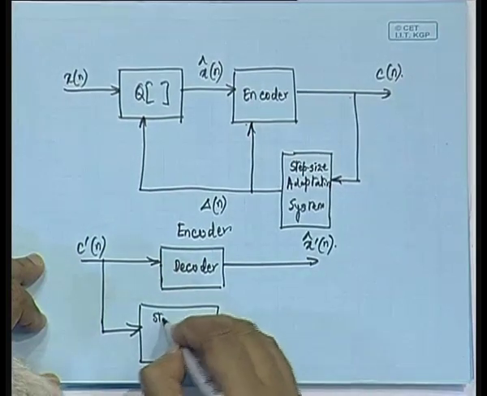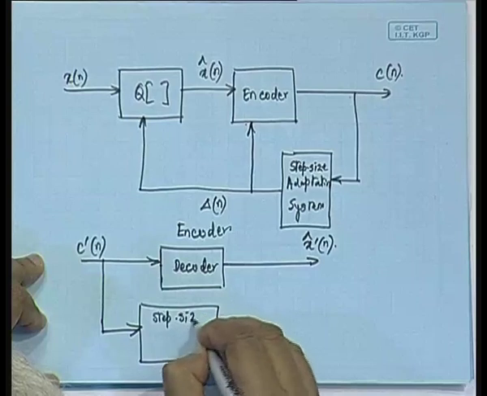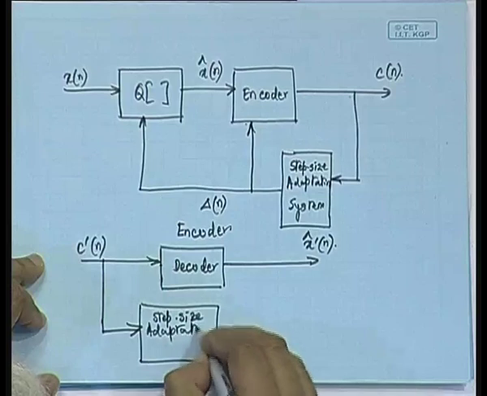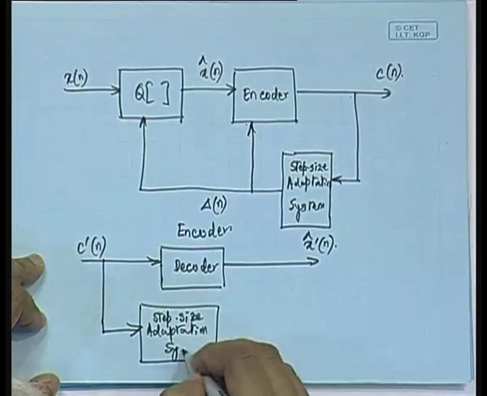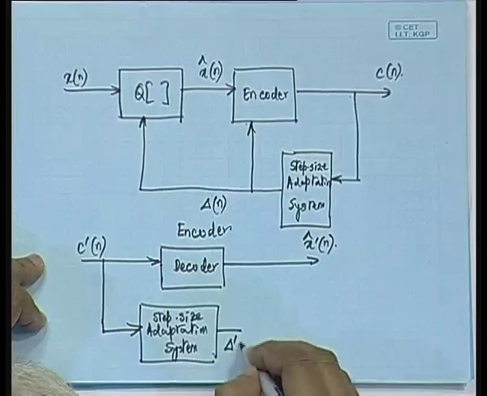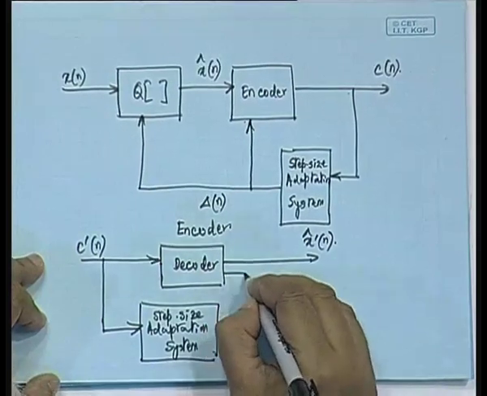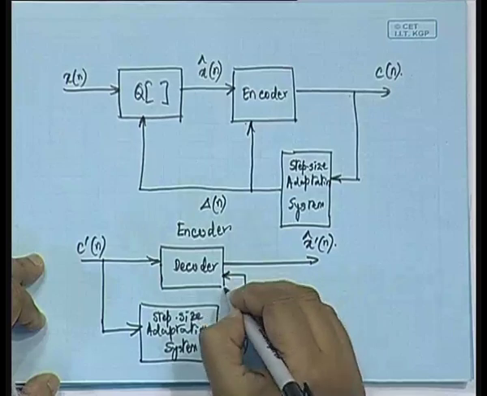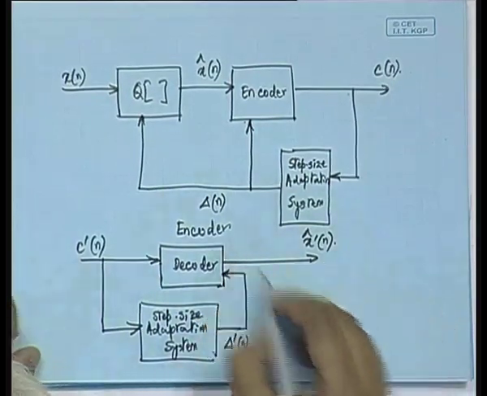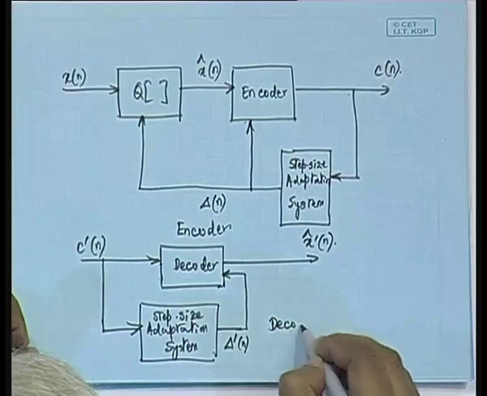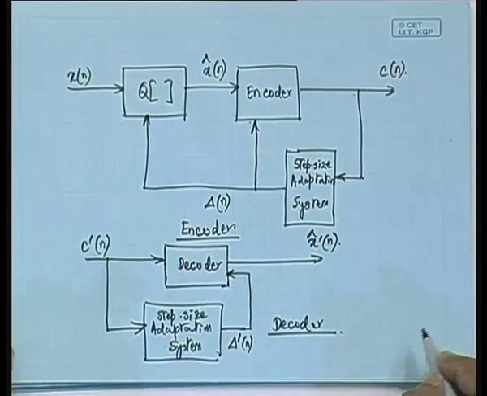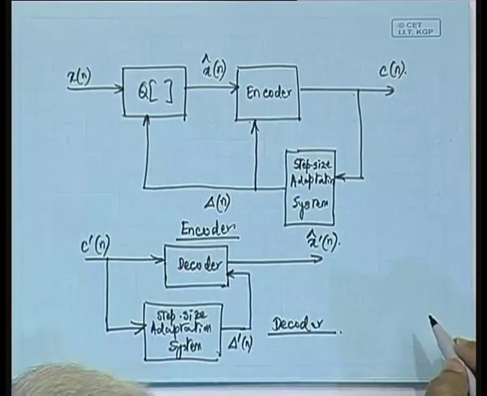So here we have the step size adaptation system, and the output of that we will now call delta prime of n, and delta prime of n will directly control the decoder. Okay. So this is what we are obtaining.